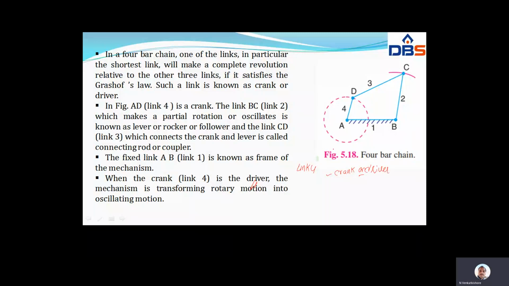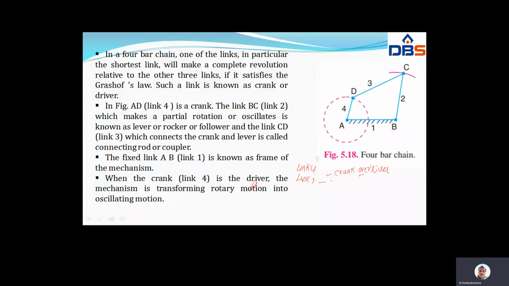So here the crank is the link AD, the 4th link. Then coming to the link BC, the 2nd link, which makes partial rotation, BC is partial rotation or oscillation, which is called a follower.